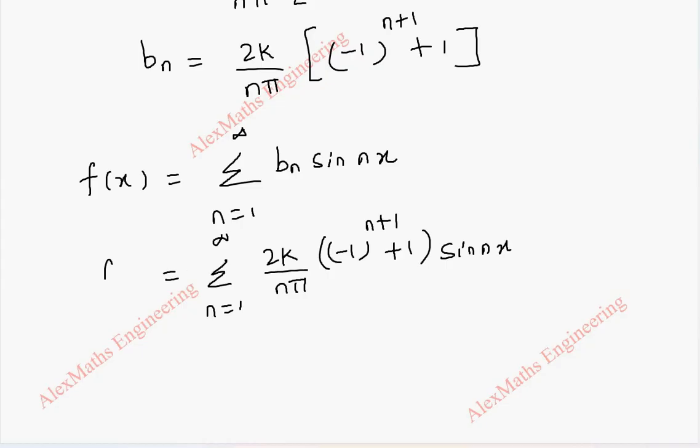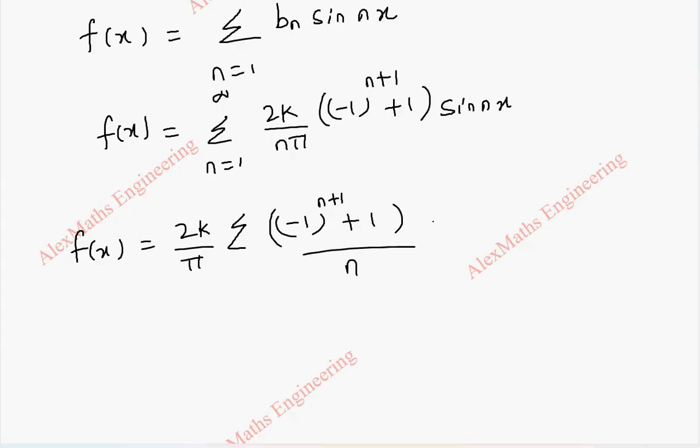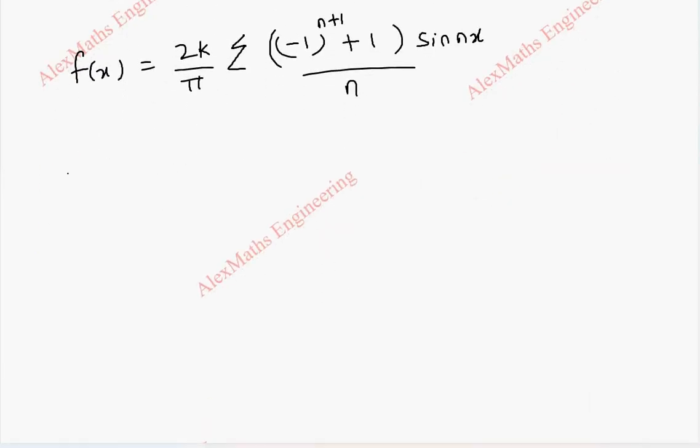This is our f of x. Now we shall expand this. Before that, constants can be taken outside the summation. So 2k by pi is a constant that is taken out. Now we have summation of minus 1 whole power n plus 1, then plus 1, the whole thing by n into sin nx. Now we are going to expand this.